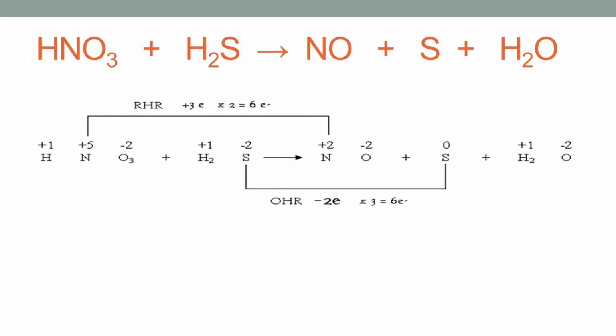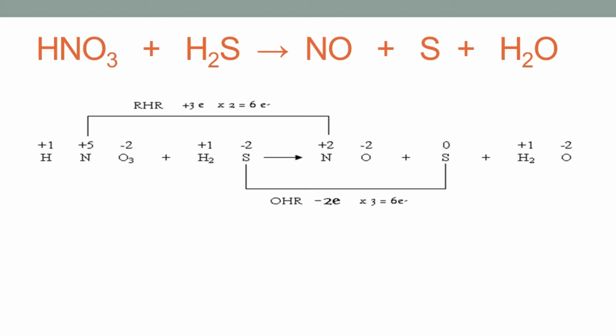Therefore, that is a reduction half reaction. Now, the next element that shows a change in oxidation number is sulfur. Sulfur in hydrogen sulfide has an oxidation number of -2. Sulfur in the product side has an oxidation number of 0, which means when sulfide changes into sulfur, it is going to lose 2 electrons. So that is the oxidation half reaction.